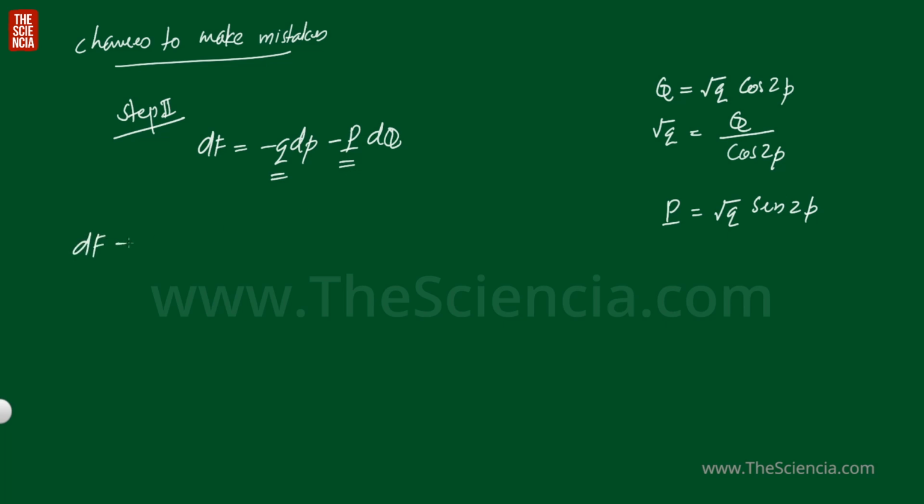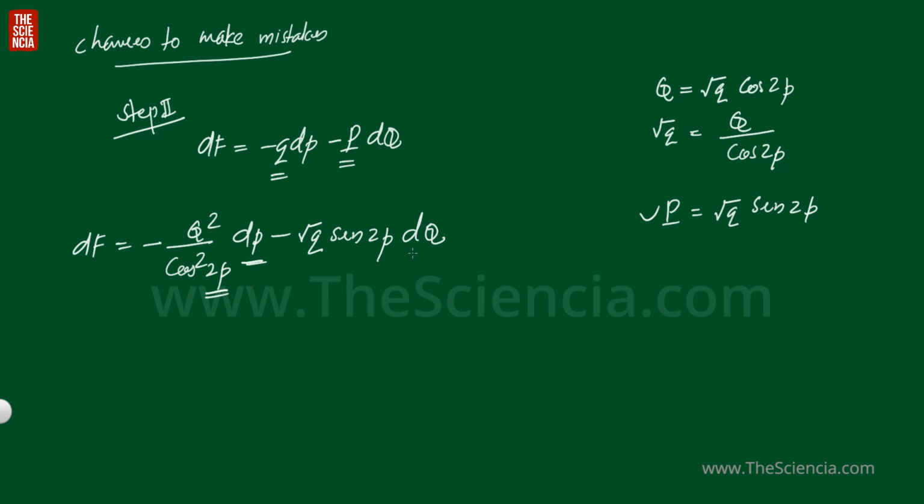So what we get? We get df is equal to minus q. We know root q, so q will be equal to Q square by cos square 2p into dp, minus capital P, that is root q sin 2p into dQ. Here this integration is over dp, so we have to consider this cos square 2p.